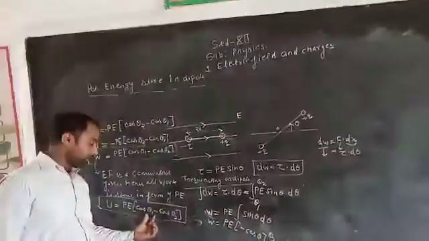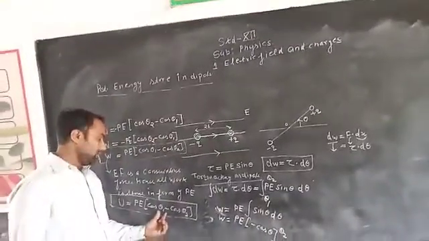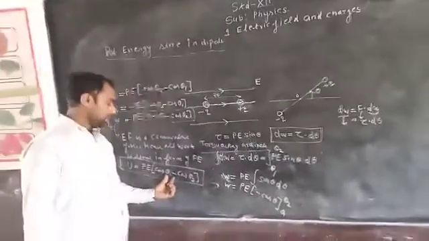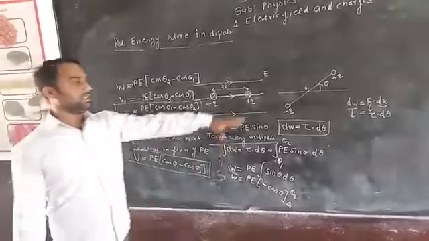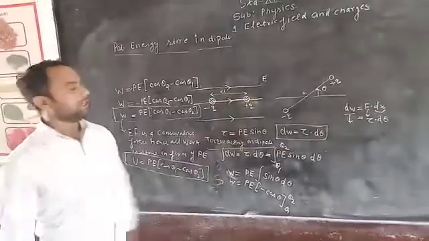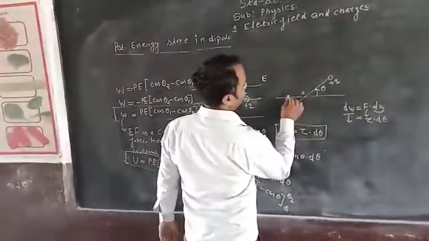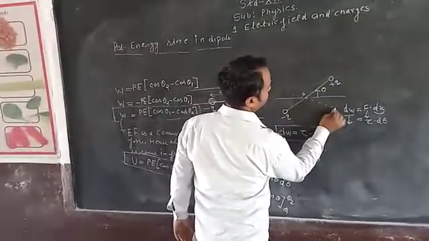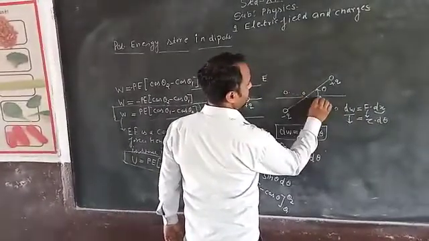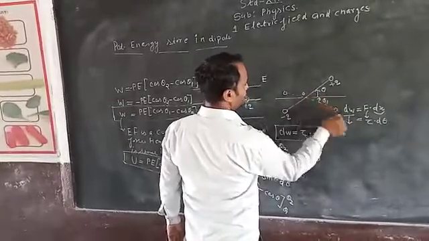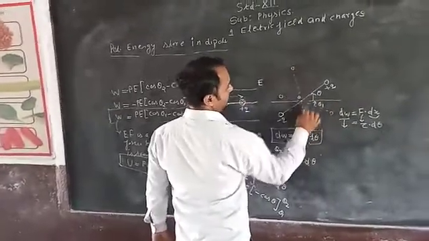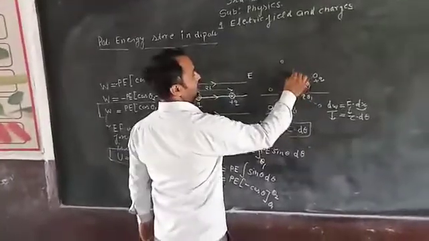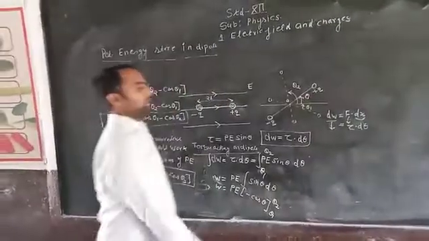Here theta 1 is the initial location from where the dipole is rotated, and theta 2 is the final location to where the dipole is rotated. From here we see that if the dipole is rotated, this is the angle theta 1, and this is the final location where the dipole is rotated, and this is the angle theta 2. This is the position of theta 1 and theta 2.